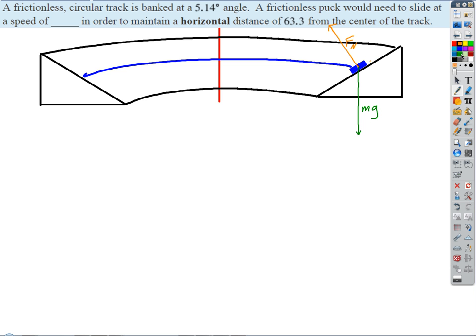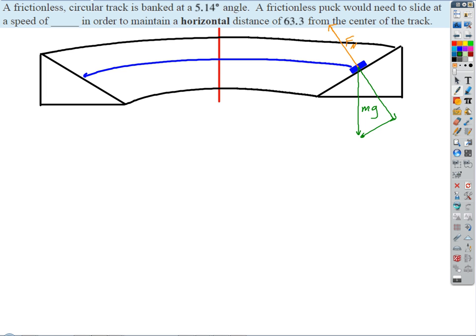If I break gravity up into components, it has a perpendicular component, but more importantly, it has a parallel component that would accelerate the puck down the ramp, right? Okay. Normal force does not. Normal force is completely perpendicular, so it cannot have a parallel component because they're at right angles, right?